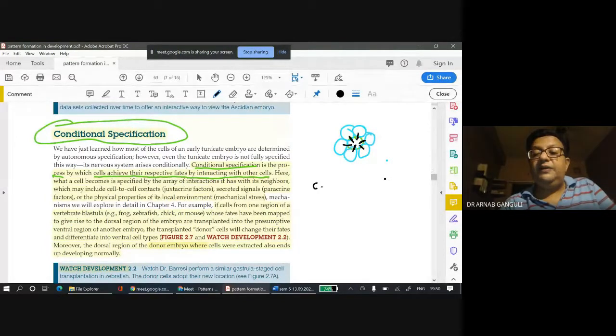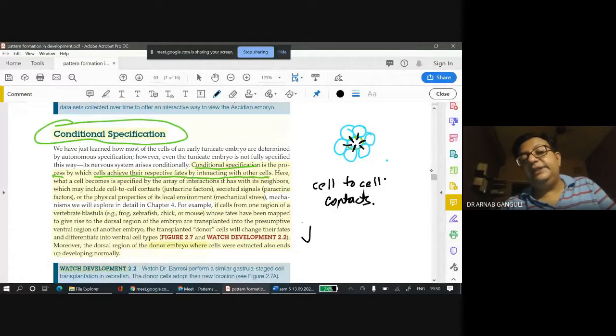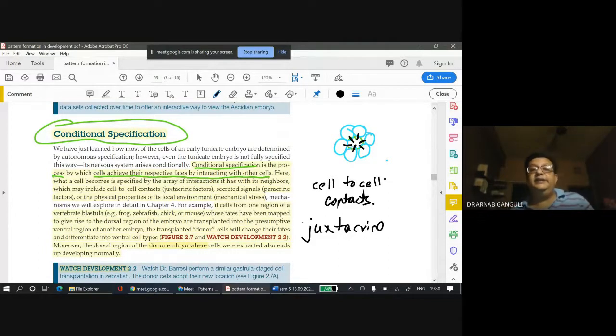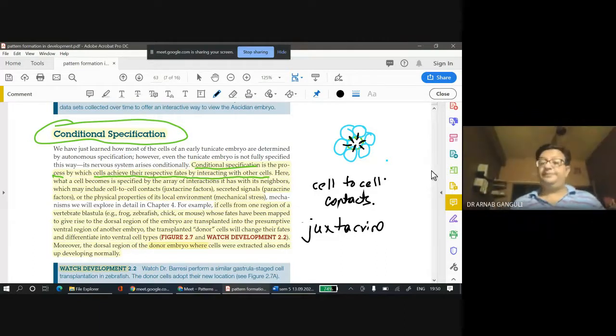They involve cell-to-cell contacts. And the mechanism is known as juxtacrine. So factors flow from one cell to the other cell and they influence each other or they specify each other. Like these light blue cells, they may specify the green to become another blue cell. Can very well happen.